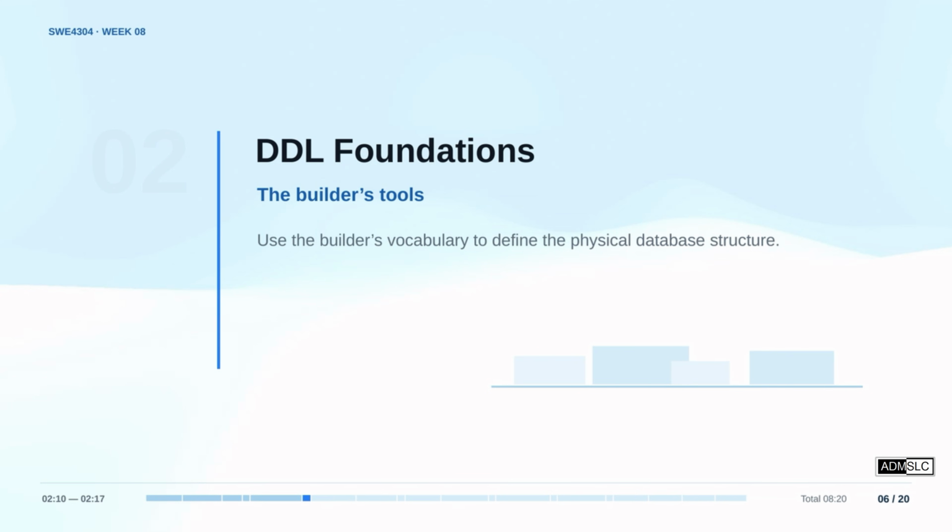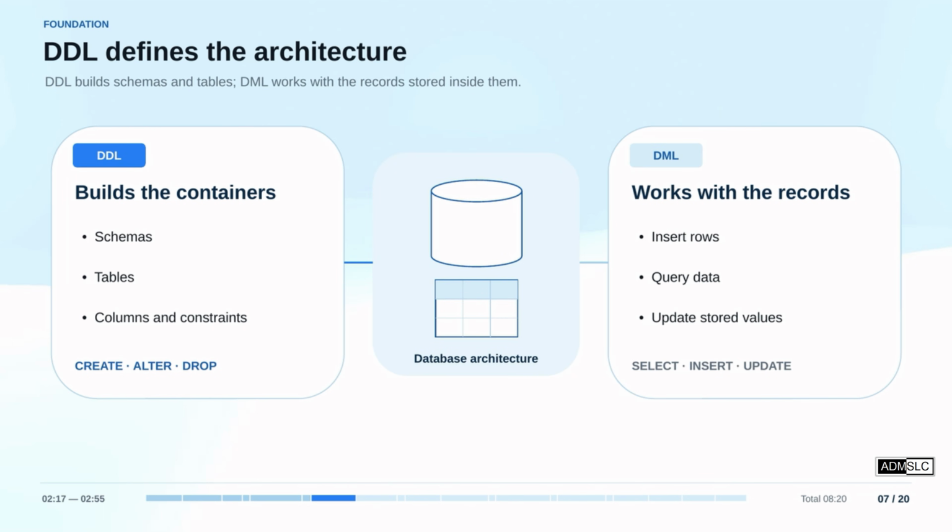Moving right along to Section 2, Data Definition Language Foundations, the builder's tools. To actually pour that concrete and build your tables, you need the right tools. Enter DDL, or Data Definition Language. DDL is the specific SQL vocabulary you'll use to define, construct, and implement your relational model structures, things like schemas and tables.